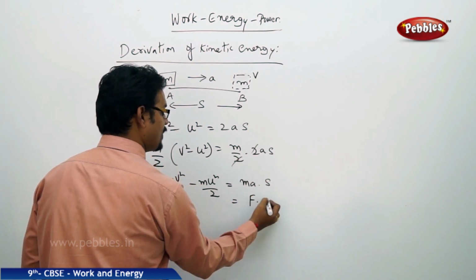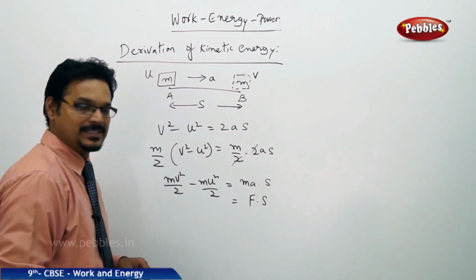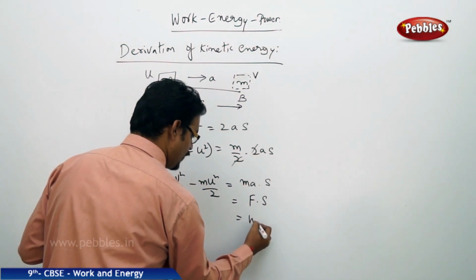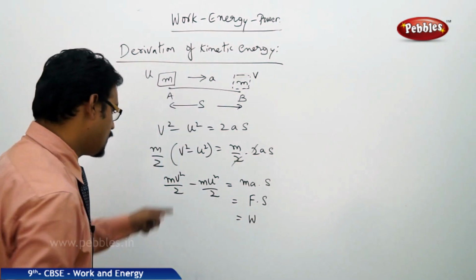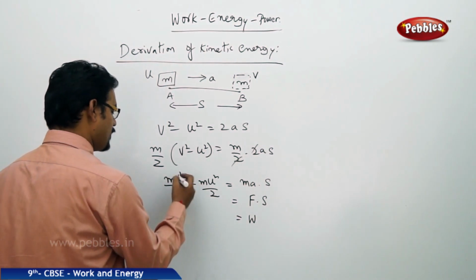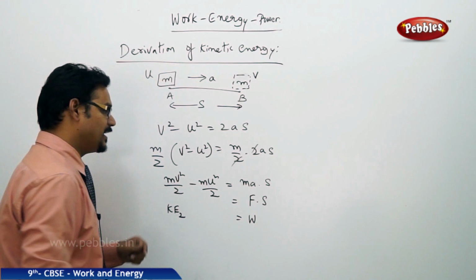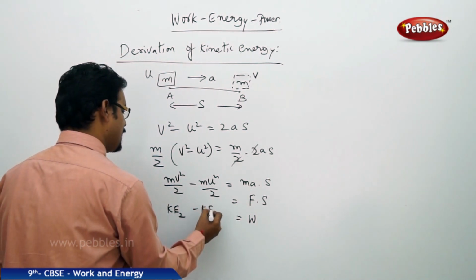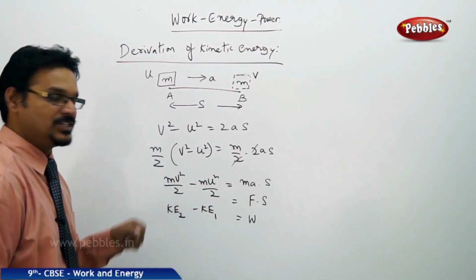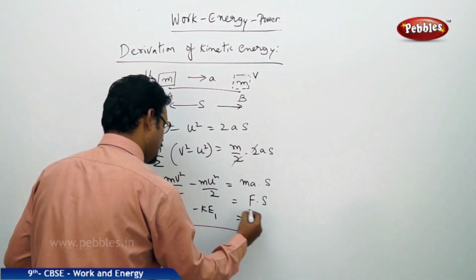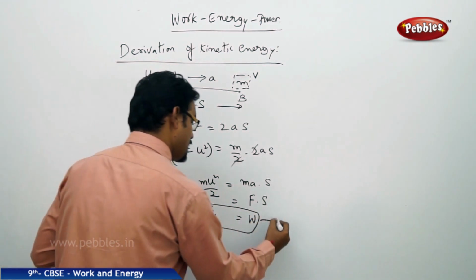Ma is the force F, into s. So F into s is nothing but work done. Now coming to here, mv square by 2 is called KE2, kinetic energy final, minus KE1, kinetic energy initial. So this form, if you see, is called the work energy theorem.